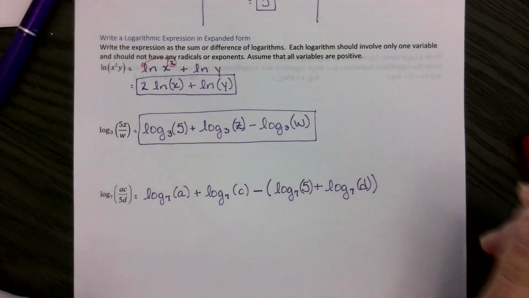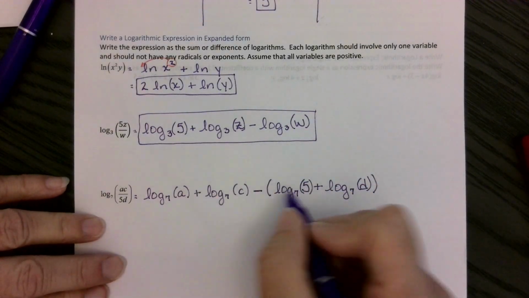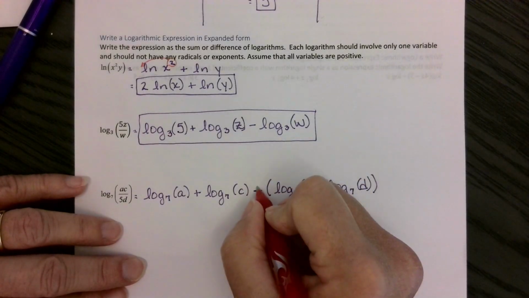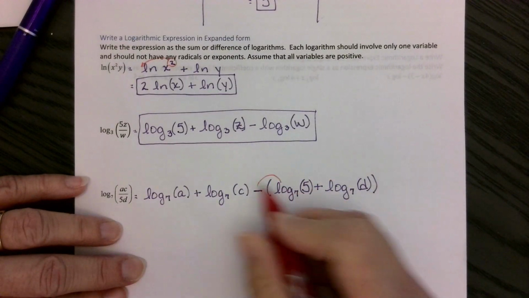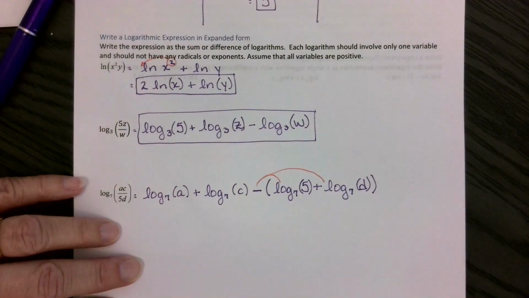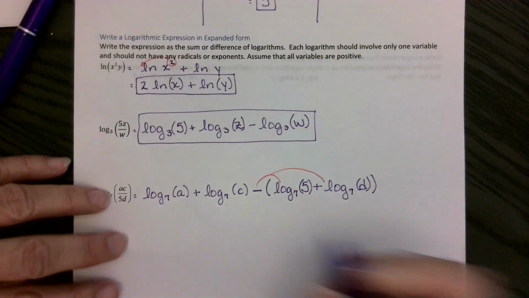Okay? Now, because there's a minus sign outside of these parentheses, you're going to distribute that. That becomes negative, because negative times a positive is a negative. And that becomes negative, because negative times a positive is a negative.